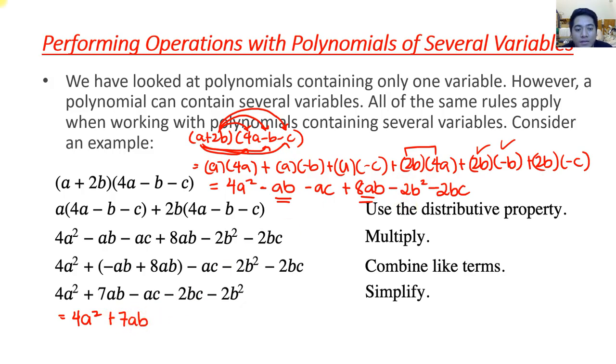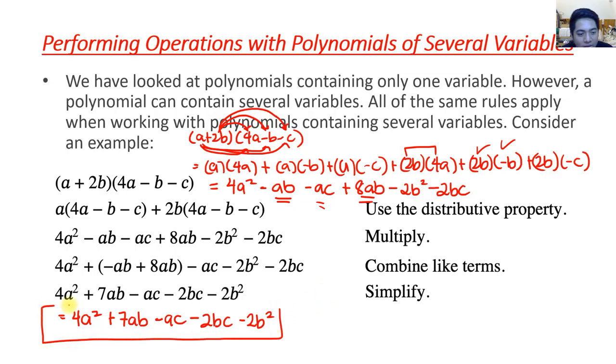You also have negative ac, and you don't have any other ac to combine, so we write negative ac. We also don't have another negative 2bc to combine with, so we write it. And lastly, we have negative 2b squared. No like terms, so you write it. This will be our final answer. Alright, so that's how you multiply or perform operations with polynomials including several variables.